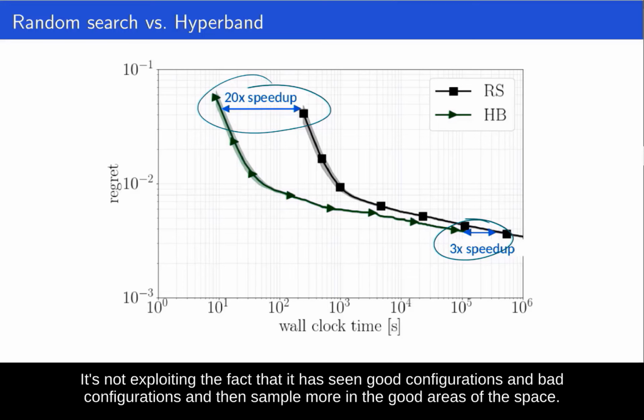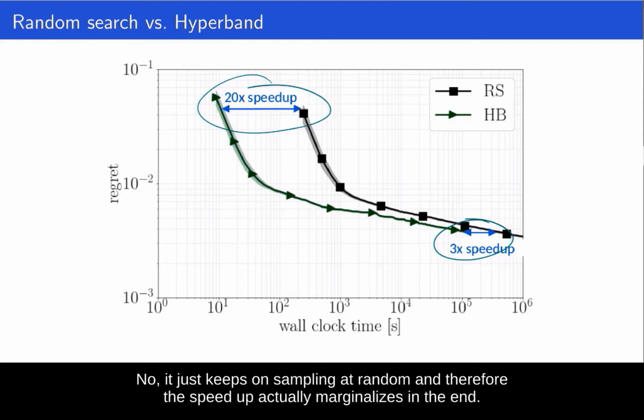It's not exploiting the fact that it has seen good configurations and bad configurations and then sampling more in the good areas of the space. No, it just keeps on sampling at random, and therefore the speedup marginalizes in the end.